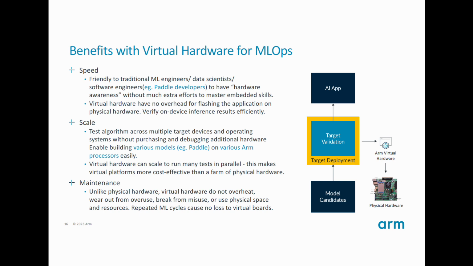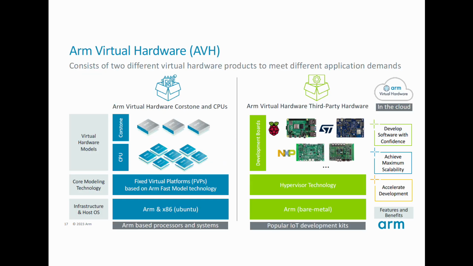Since virtual hardware is very important, it can benefit MLOps a lot. ARM provides two types of virtual hardware to address different requirements. The blue one is mainly focused on our IP processors, mainly Cortex-M processors and some subsystems. On the left side, the green type is the board-level virtual hardware.